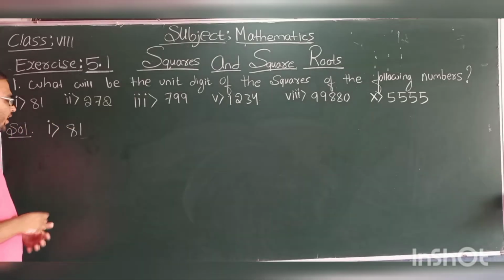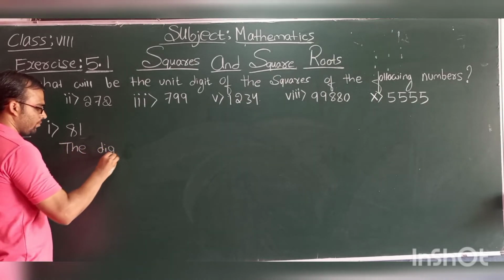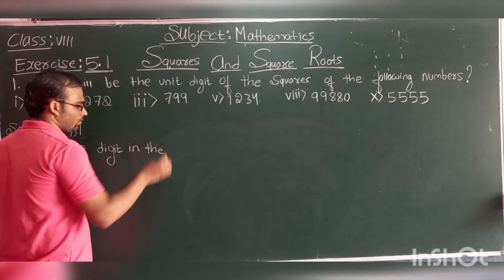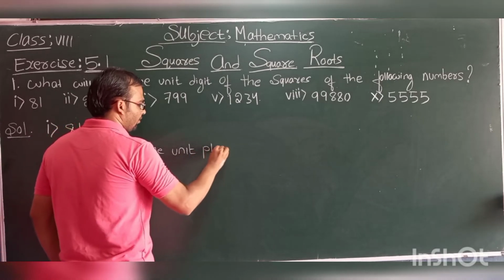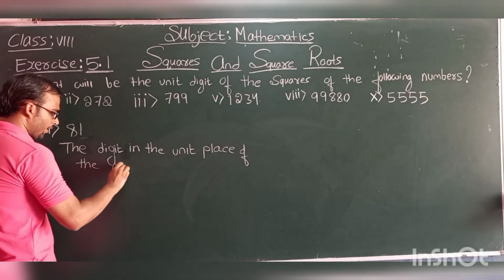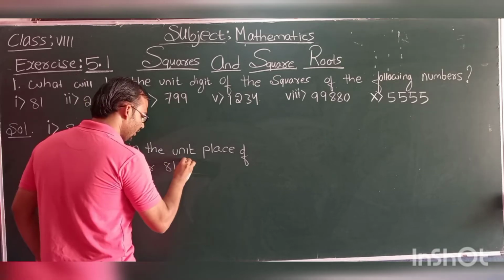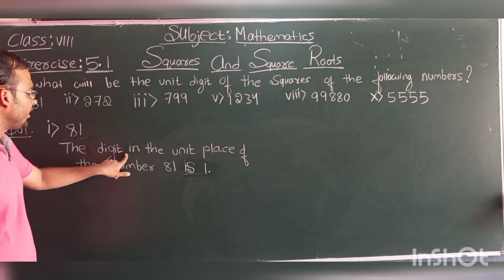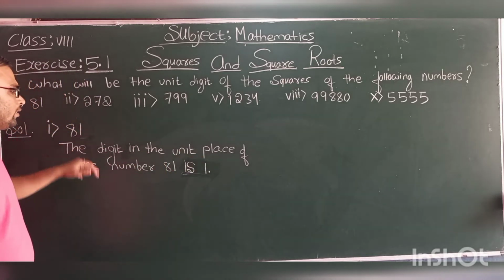Okay, students, what we can write: the digit in the unit place of the number 81 is 1.